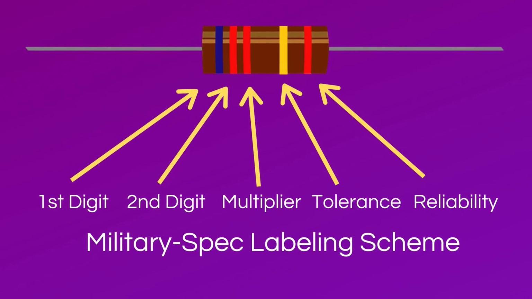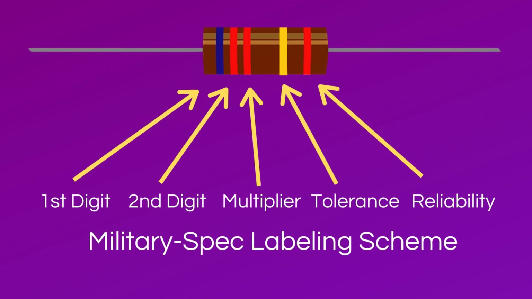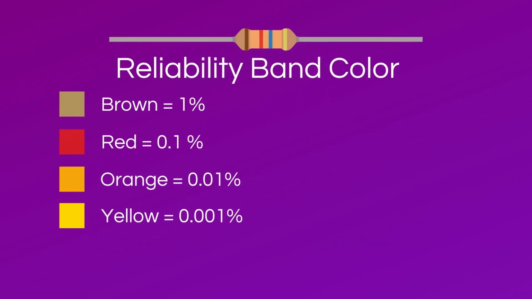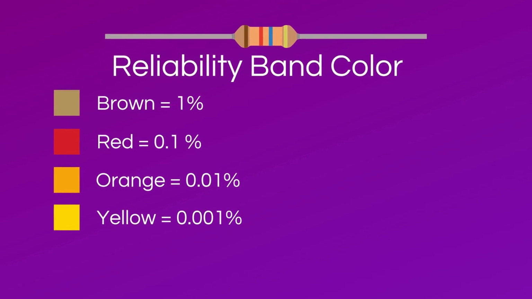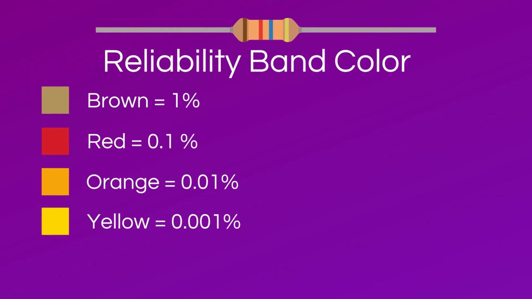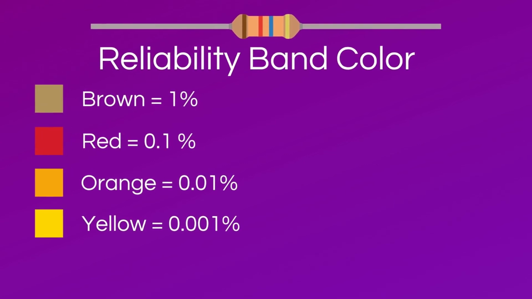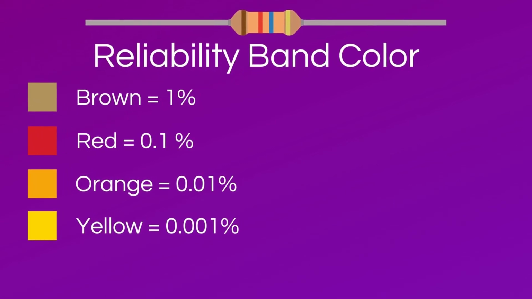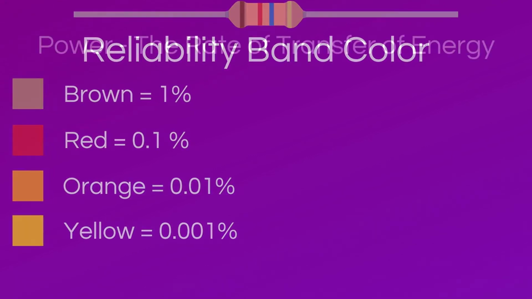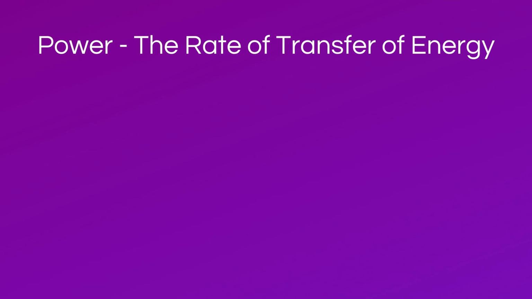This band tells you the component failure rate over 1,000 hours. Brown equals a fail rate of 1%, red equals a fail rate of 0.1%, orange equals a fail rate of 0.01%, and yellow equals a fail rate of 0.001%.